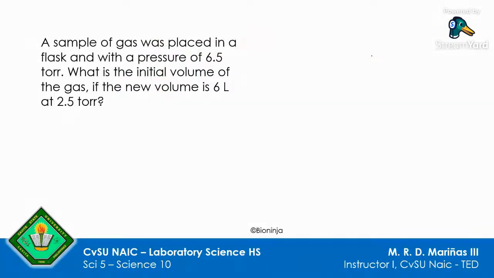A sample of gas was placed in a flask with a pressure of 6.5 torr. What is the initial volume of the gas if the new volume is 6 liters at 2.5 torr? So again, ang gagawin lang natin dyan is you're going to have the given. The given is 6.5 torr, 6 liters, and 2.5 torr.